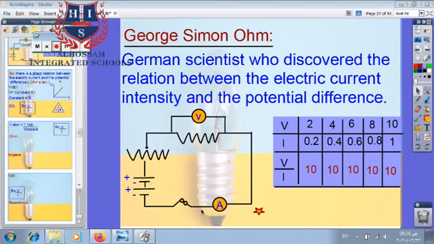Then he made a table like this and recorded the values of the voltmeter and ammeter, and then calculated the V over I value.